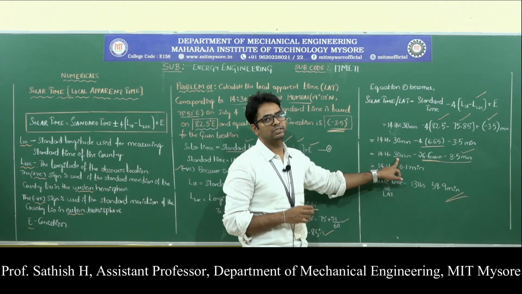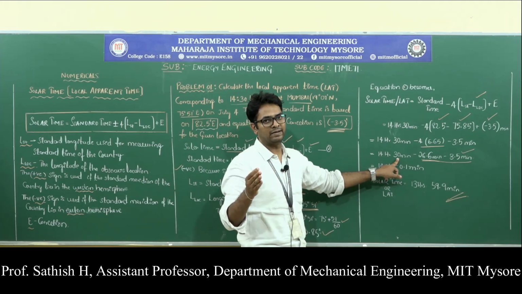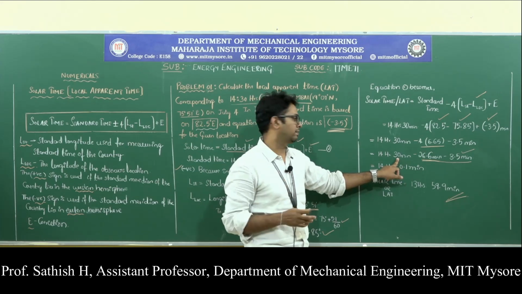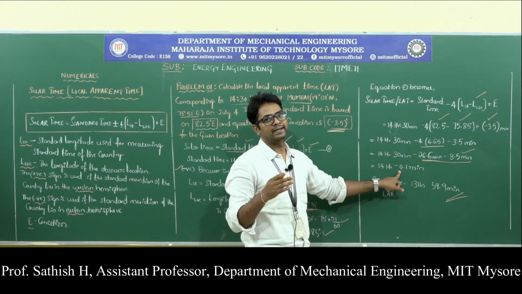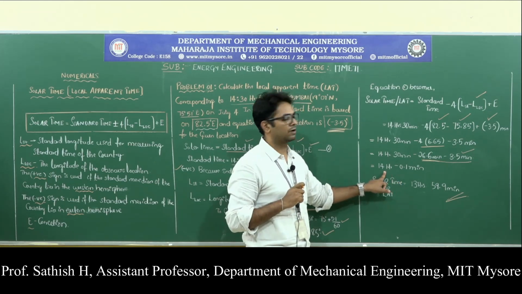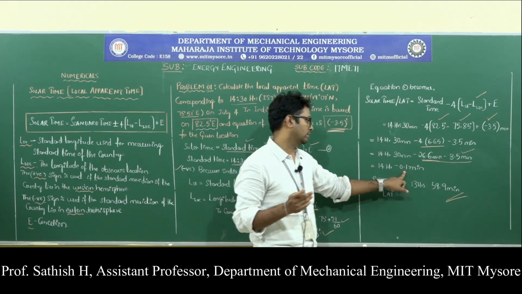But here we have 30 minutes, so 30 minus 30.1 minutes gives minus 0.1 minute. So from the 14 hours, you have to subtract 0.1 minute.